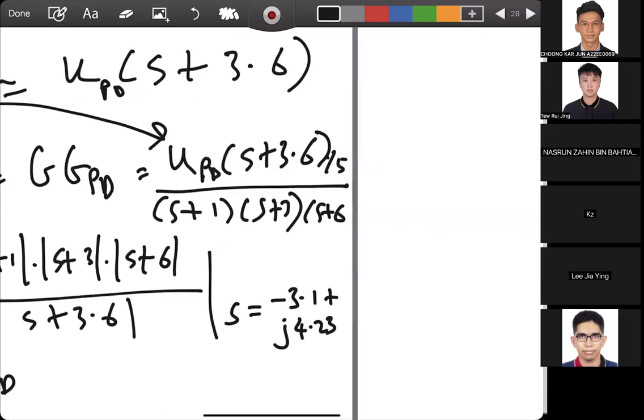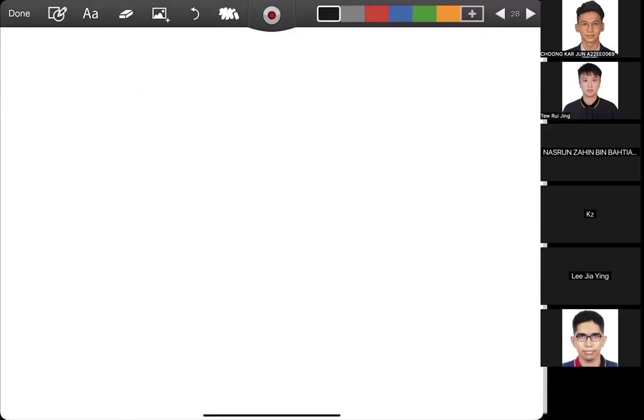We move to the second part, which is the PID component.